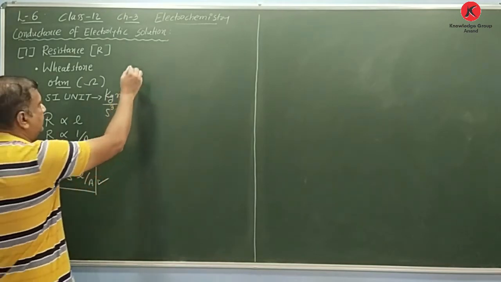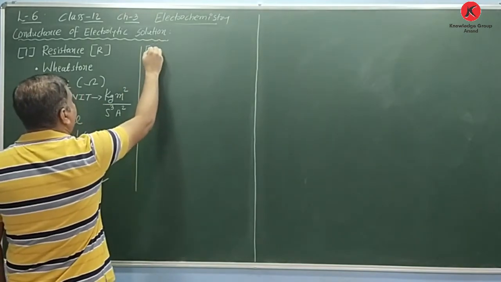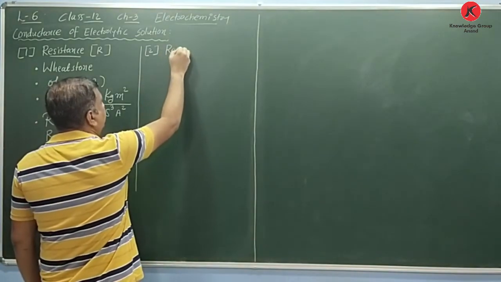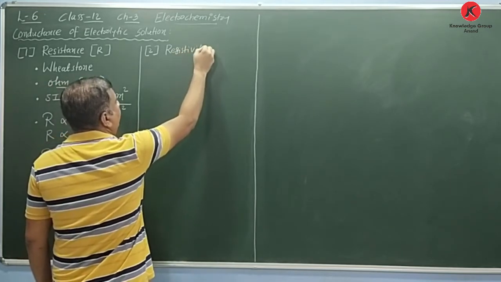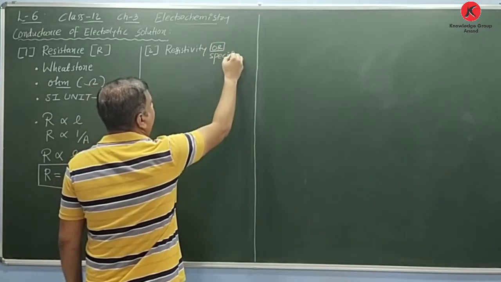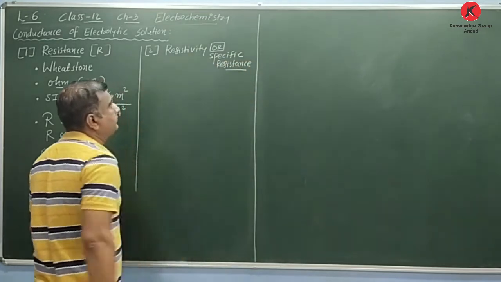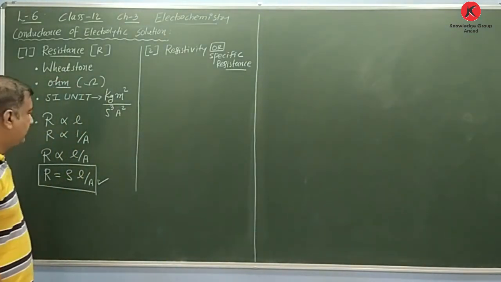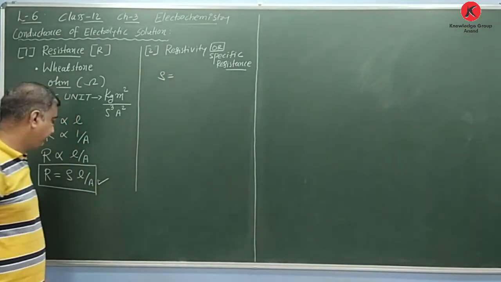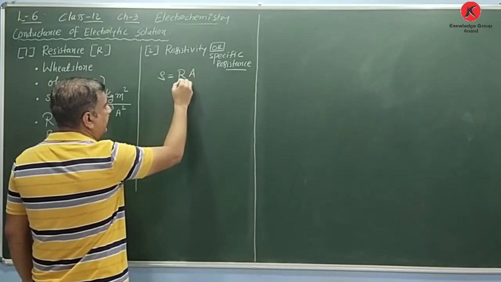The second basic term is rho, which is known as resistivity, otherwise also called specific resistance. Now rho equals R A divided by L.